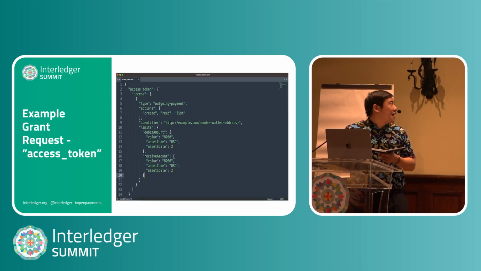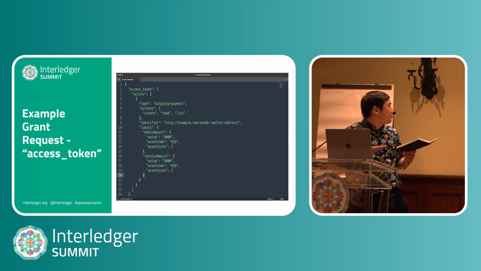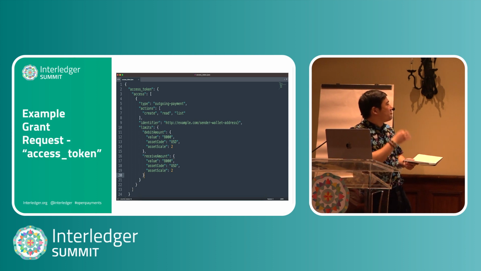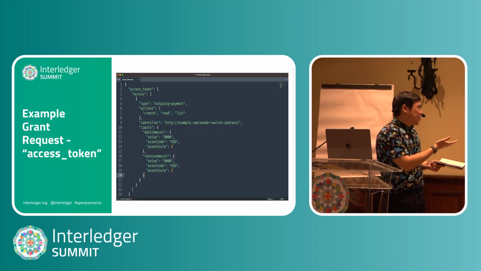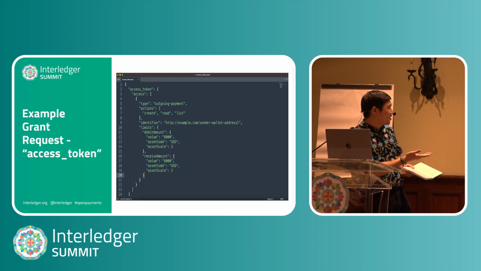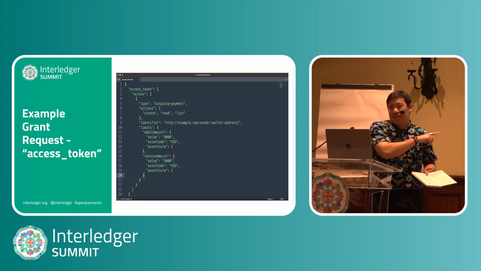Next up is the access token field, I should say, which outlines what access the client wants. Note the access array, which currently only has 1 item, which is the type of resource, the outgoing payment, and the actions that the client would like to be able to make on the outgoing payment: create, read, and list, and also importantly, the limits on the grant.